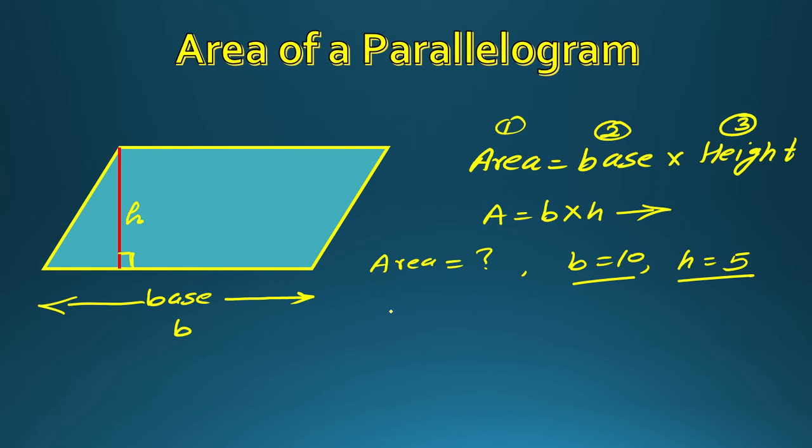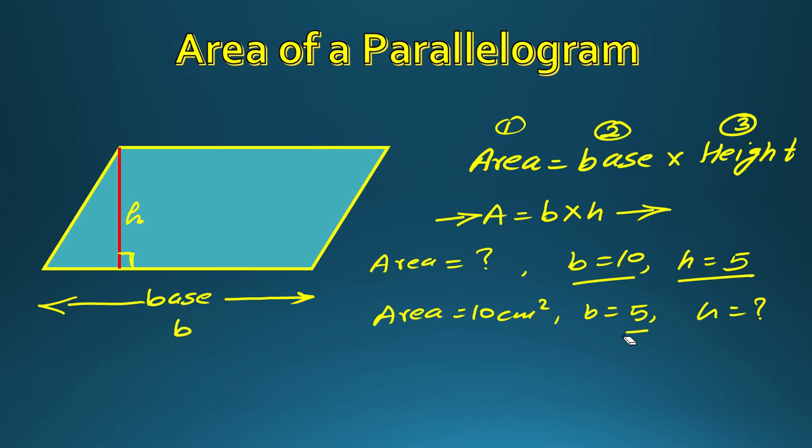Another case: they can say area is equal to 10 centimeter square, base is equal to 5 centimeter, find the height. You write the same formula, but now the value of area is given to us. Sometimes students in a hurry make the mistake of multiplying 10 with 5, but here 10 is the area, it is not a side.